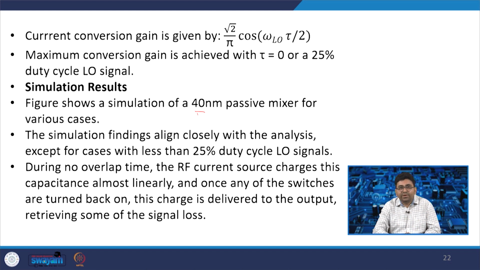During the no-overlap time, the RF current source charges this capacitance almost linearly, and once any of the switches are turned back on, this charge is delivered to the output and recovers some of the signal loss. So, this is how we can consider the different duty cycles while considering the conversion gain.